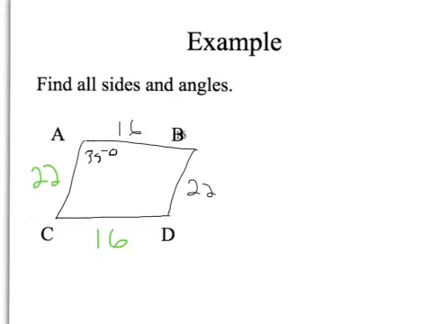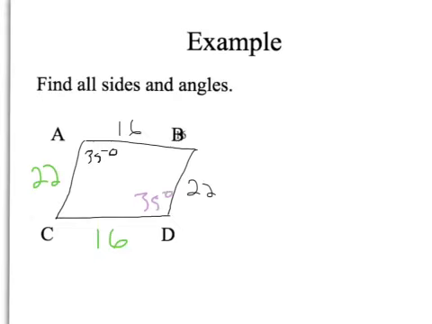Then to do the angles, you could work with opposite angles, you could work with same side angles, however you want to go at it first. I'm going to start with opposite angles because I know that they are congruent, they're the same. So if A is 35, to get to D, I want to go completely across. To get angle D, it's going to be the same thing, so it's also 35 degrees.